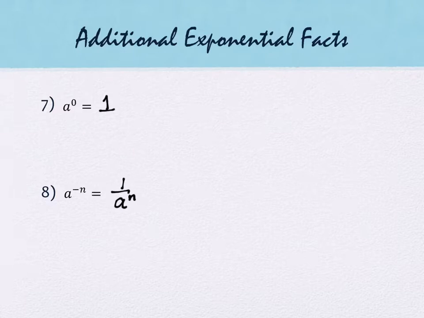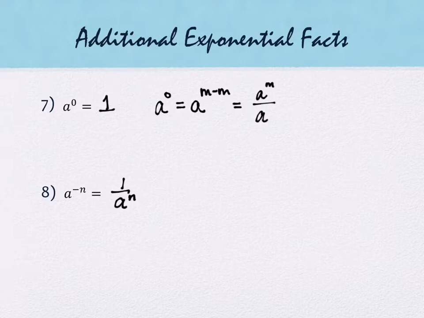Okay, so let me show you why a to the 0 is 1, because it's kind of an interesting one. So we're going to start out with a to the 0, and we're going to recognize that that's the same thing as a to the m minus m, right? M minus m is the same as 0. But if I use property number 2 in the sort of reverse order, this is the same as a to the m over a to the m, right?